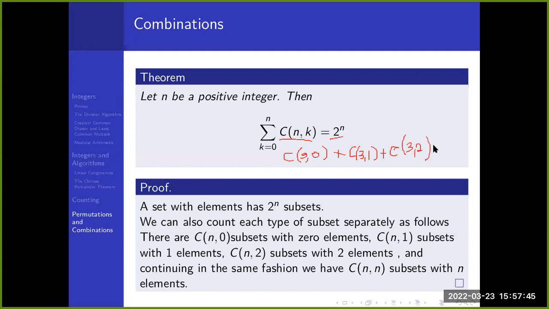And last but not least, 3 combination 3. So the claim is that this now should be equal to 2 cubed, which is equal to 8.